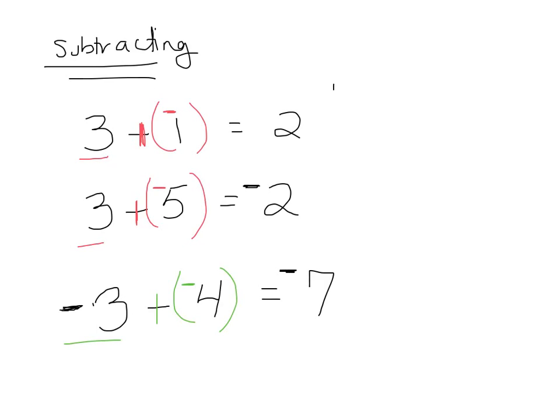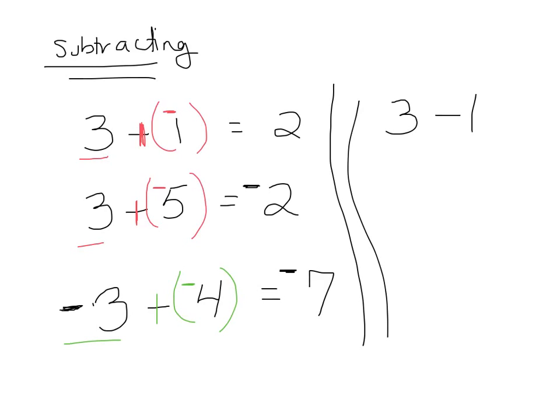What happens if my second number is negative? Let's say I have 3 minus a negative 4. I'm going to still use the same rules of keeping the first number. I'm going to change this from a subtraction to addition, and then I would also need to flip that sign from a negative to positive.